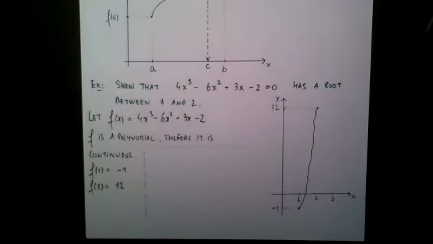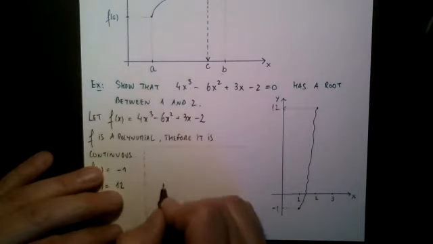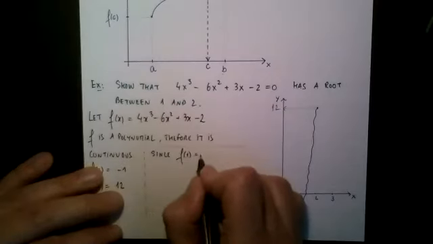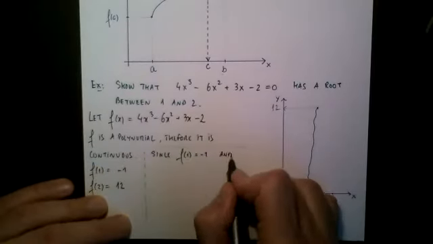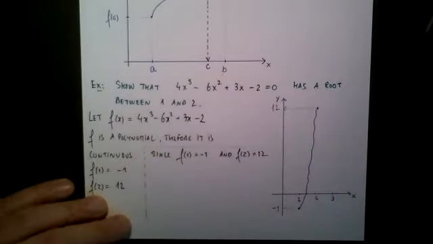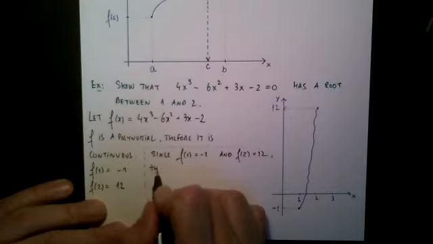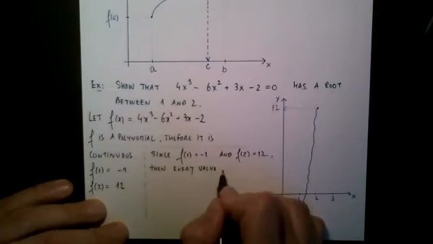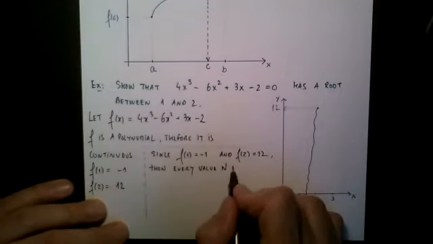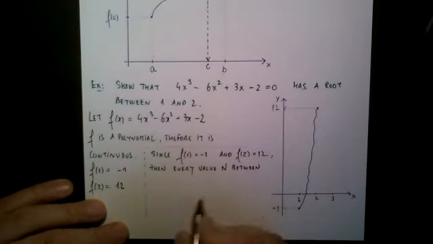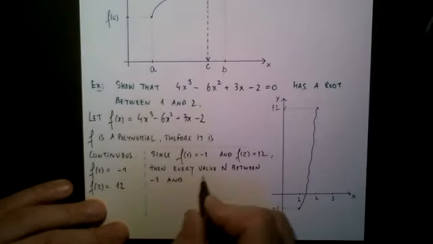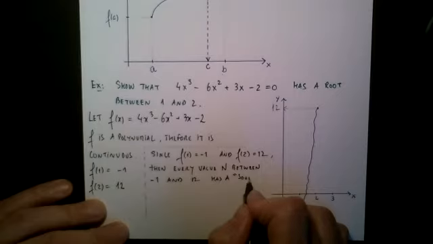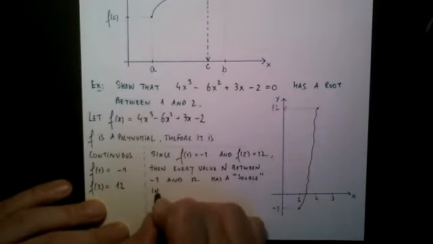Since f of 1 equals -1 and f of 2 equals 12, then every value n between -1 and 12 has a source in the interval 1, 2.